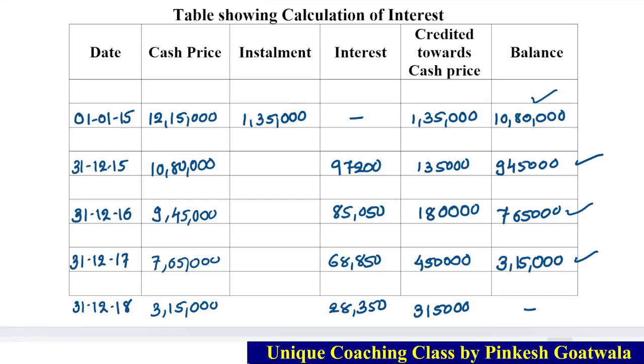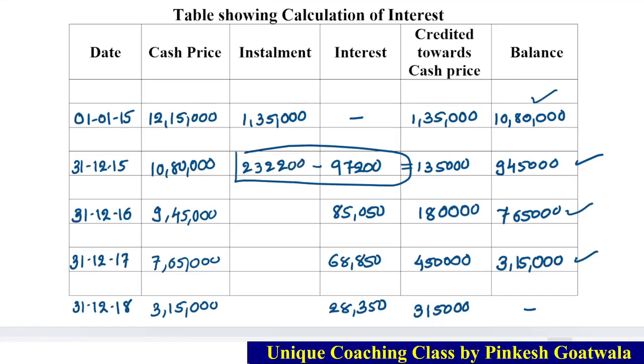Okay, now how to find out the amount of installments? Just as we saw previously, we know that if you subtract this you will get this amount. So indirectly, what do we have to do? We have to take the total of both. So here you will get installment 2,32,200.